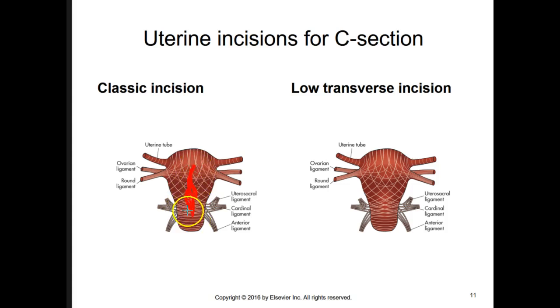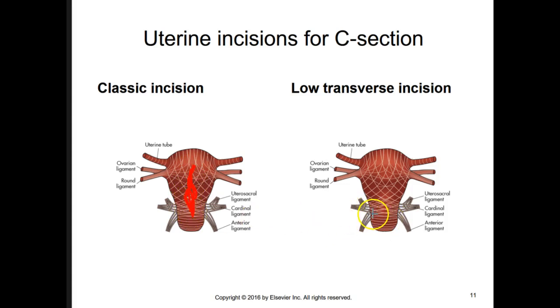So someone who has a uterine incision like this cannot have a vaginal delivery after a cesarean, because during the contraction phase, this could tear open. We always know that anytime there's an incision, it's an area of weakness, and so this whole uterus could come open during the actual labor phase.